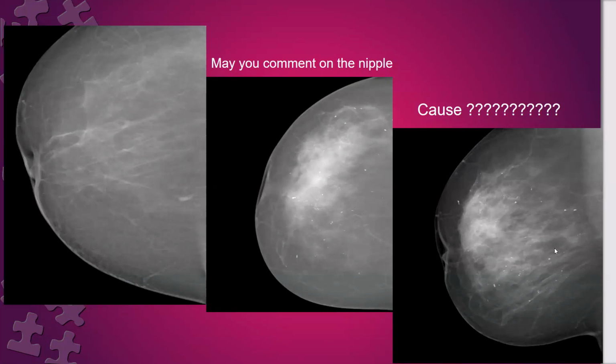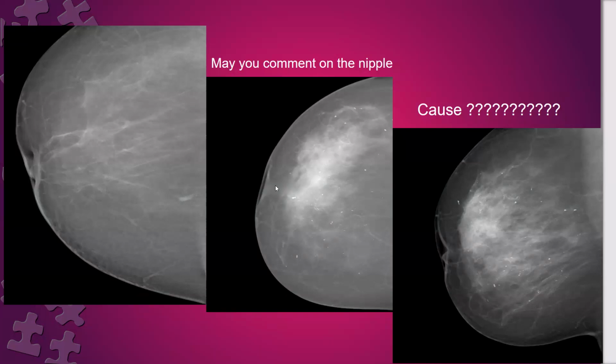Some are rounded. If you magnify some, you can see a lucent center, and it is diffuse. Which type of classification is this? Milk of calcium. And benign.